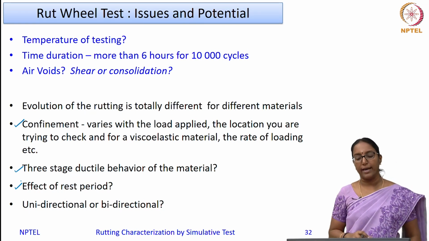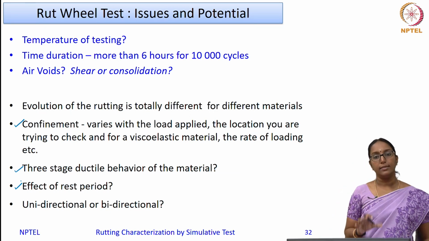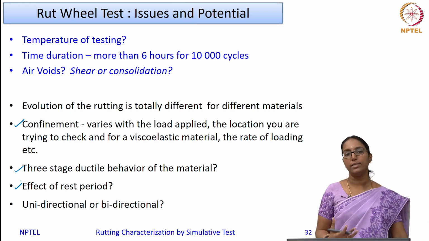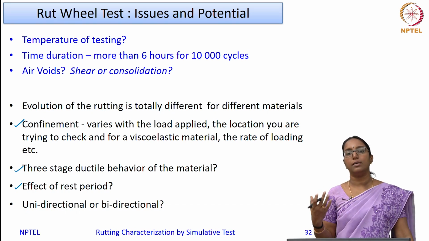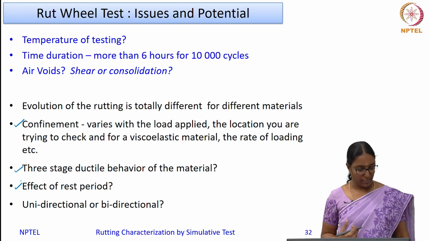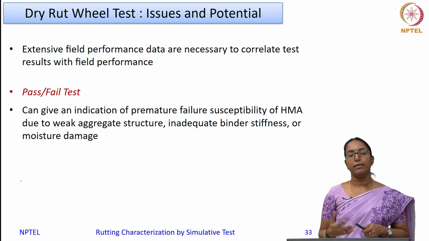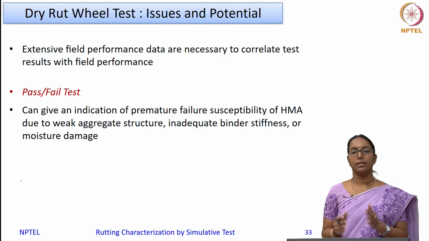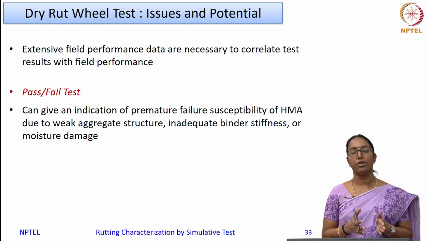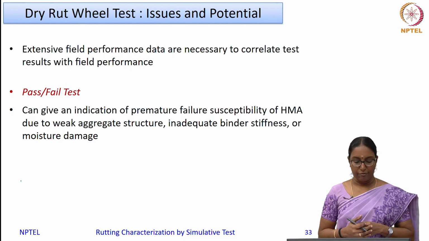So these are some of the aspects to be considered while you use this as an indicative test for the rutting behavior of bituminous mixtures. Another aspect is that you need extensive field performance data to correlate this laboratory investigation to the field data.